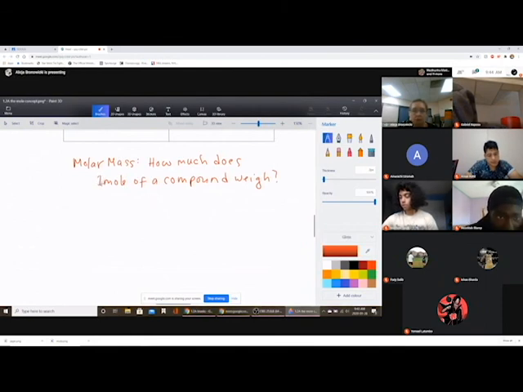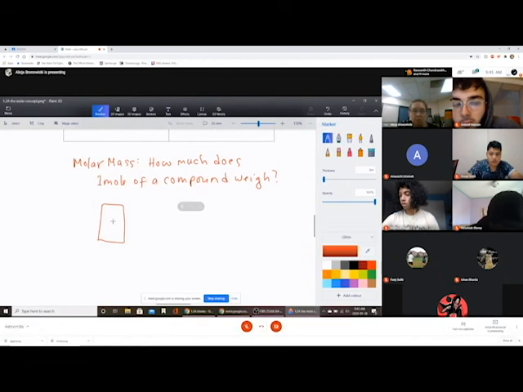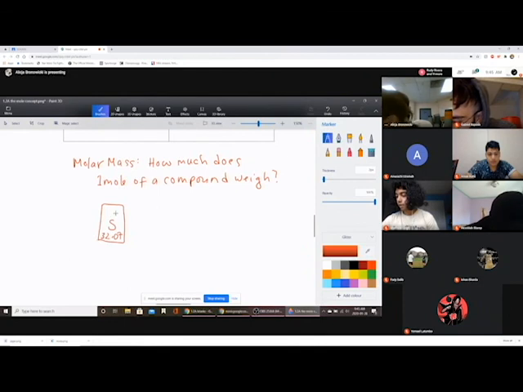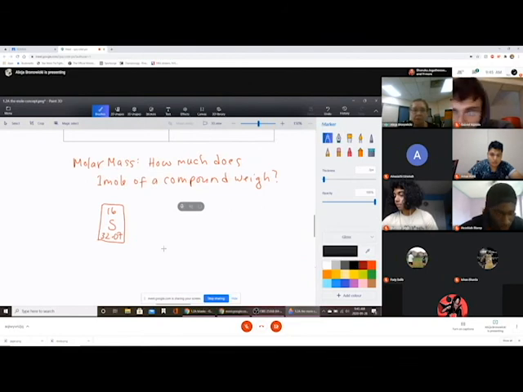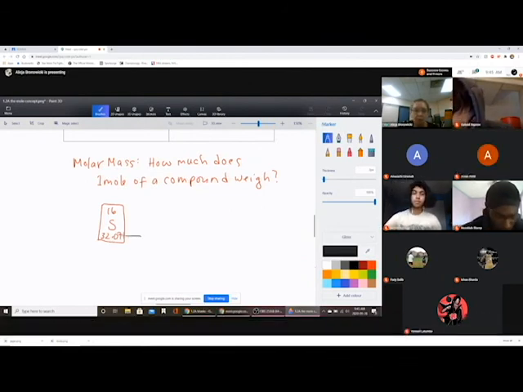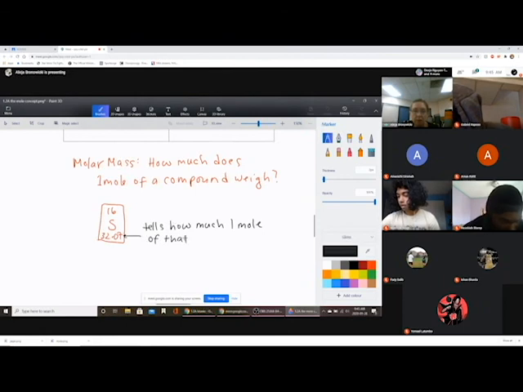Okay, so I have this quantity, it's a mole. And I want to know how much 1 mole of my compound weighs. So let's say I have sulfur in my periodic table. This number at the bottom here, that bottom number, tells how much 1 mole of that element weighs.